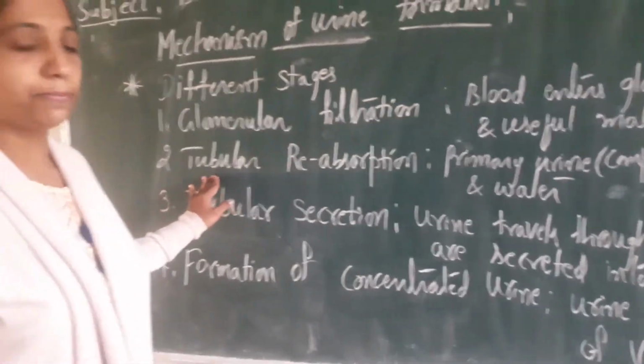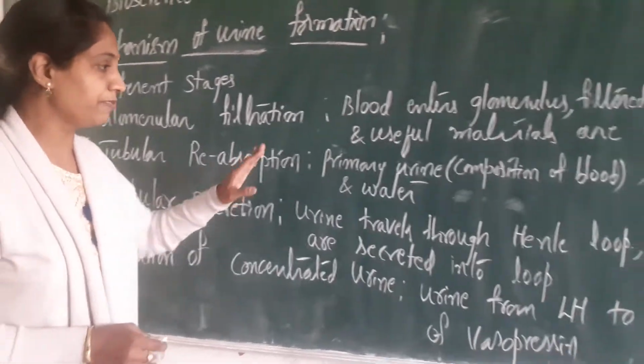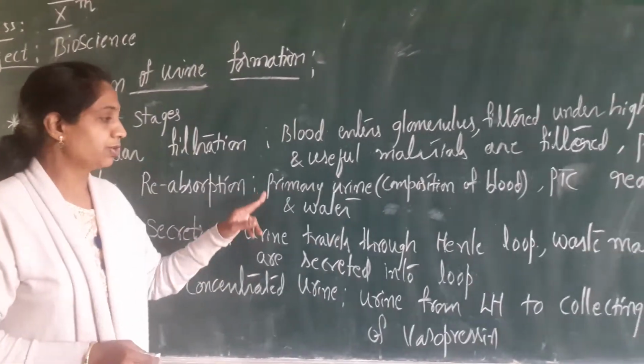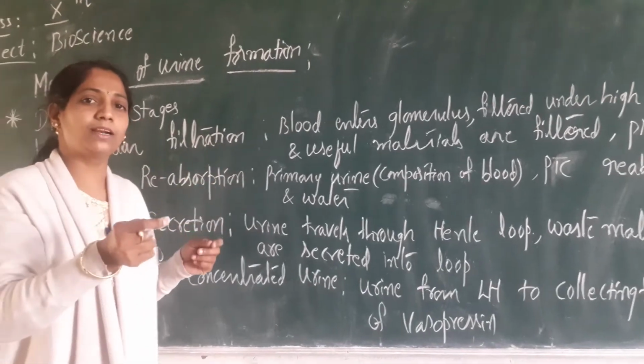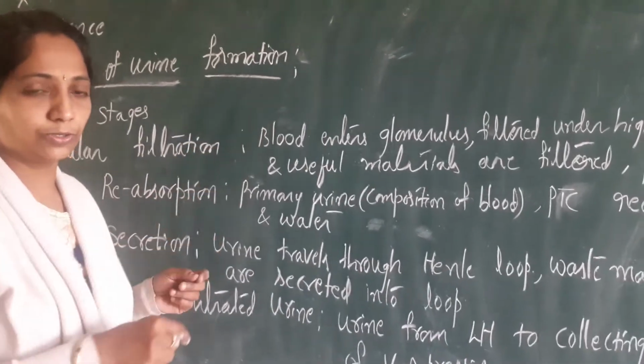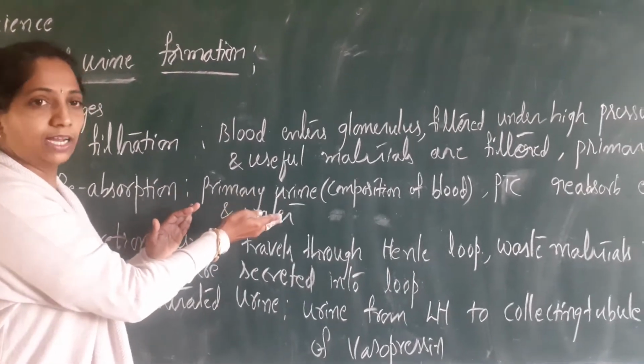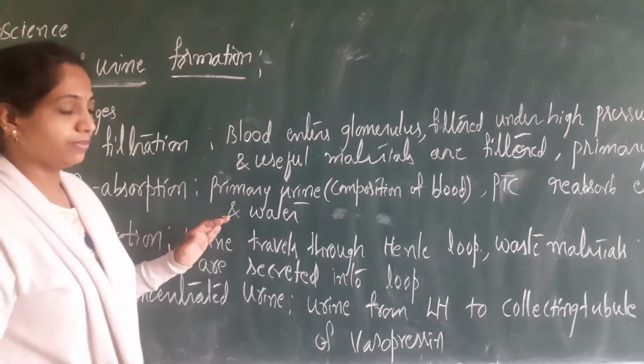Then the second step is tubular reabsorption. The second step occurs in the renal tubule. The renal tubule has the proximal convoluted tubule, loop of Henle, and then the distal convoluted tubule. That structure we have seen. Now we will see how the steps occur.